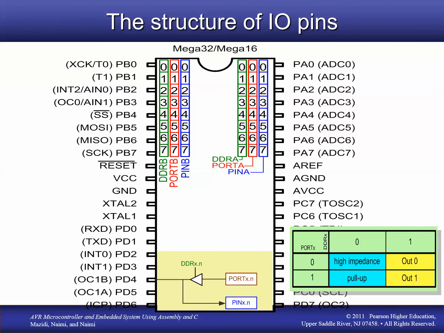First of all, the DDR, data direction register. This variable or register determines whether or not a pin is used as an input or an output. If it's an input, then that means the microcontroller is checking the voltage at that pin.